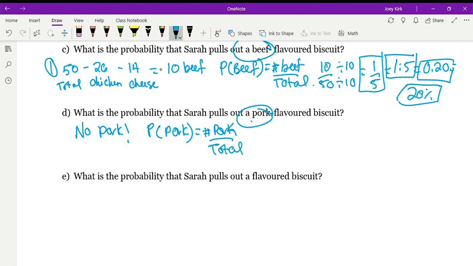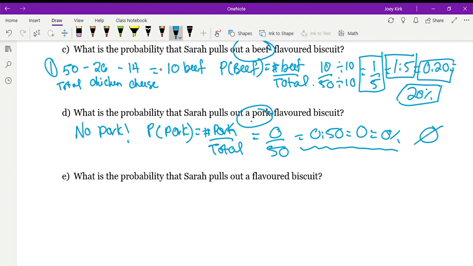But we don't have any pork, so 0 out of 50. So that's 0 out of 50, that's 0 to 50, which if we divided it, we'd just get 0 or 0%, okay? You don't have to do all of this. If it's an answer that's 0, you can just say the probability is 0, okay?